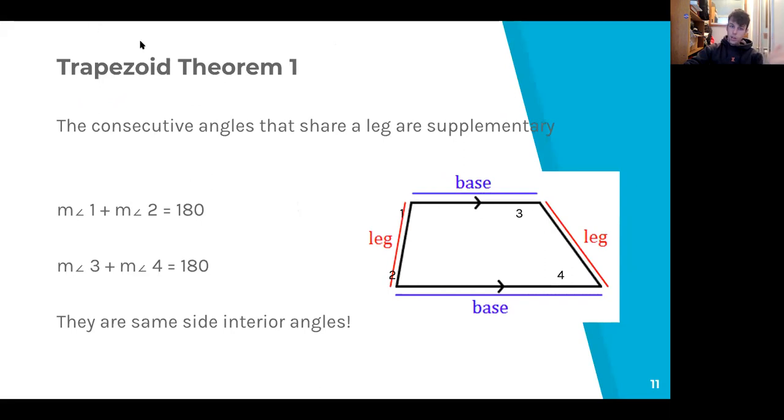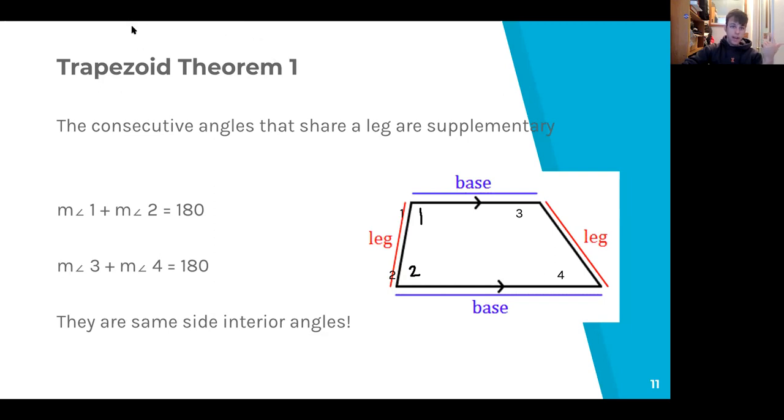So there's one theorem or one property for trapezoids that we're going to see. Angles that share a leg, so consecutive angles that share a leg, are supplementary. The numbering got thrown off here, but this was 1 and 2, 3 and 4 up there. Why? They are same side interior angles, right?